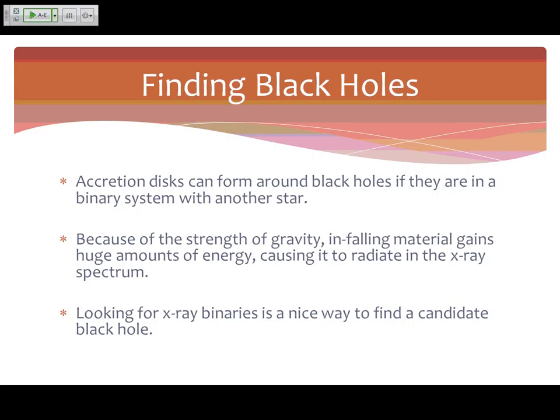But an X-ray binary or a black hole binary system would emit these X-rays in large amounts. And we think we've found several of these things, which are black hole candidates. So those are at least two of the primary ways to find them. We look for gravitational attraction, and then look for what we call X-ray binaries. If we find either one of those, it's pretty good evidence that there's a black hole in existence in that particular spot.